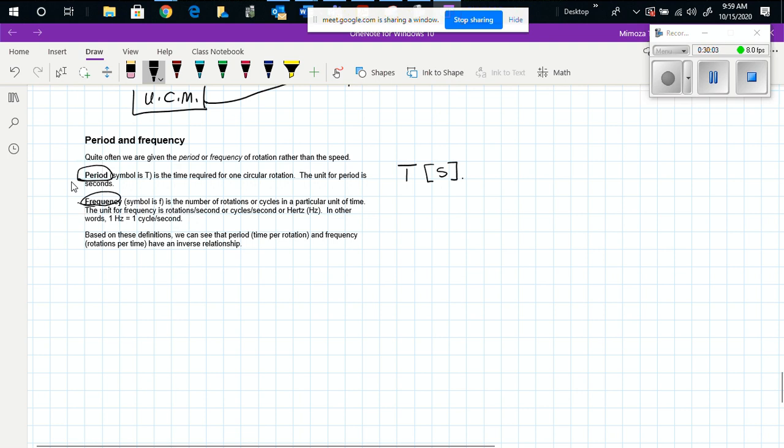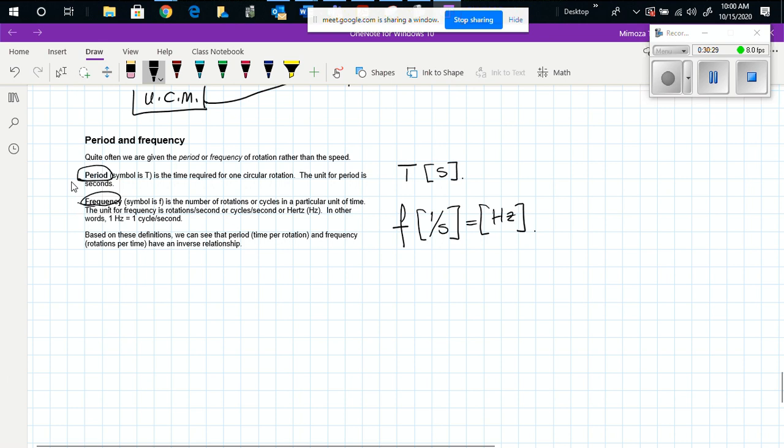So the frequency is with a lowercase f, and since it is circles per time, the units are 1 over s, now well known as the hertz. So 1 hertz is 1 over s.